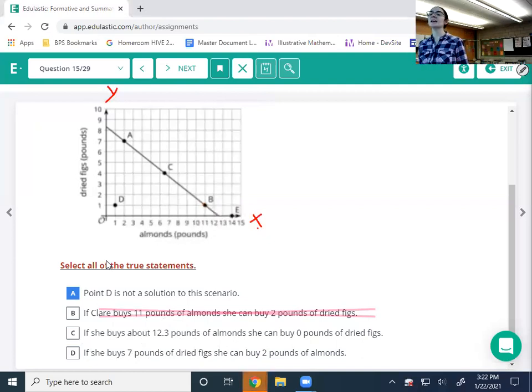It says, if she buys about 12.3 pounds of almonds, she can buy 0 pounds of dried figs. So if you look at this, you have to find 12.3 pounds of almonds. Which axis are you going to look at for the 12.3? Which axis is talking about almonds?